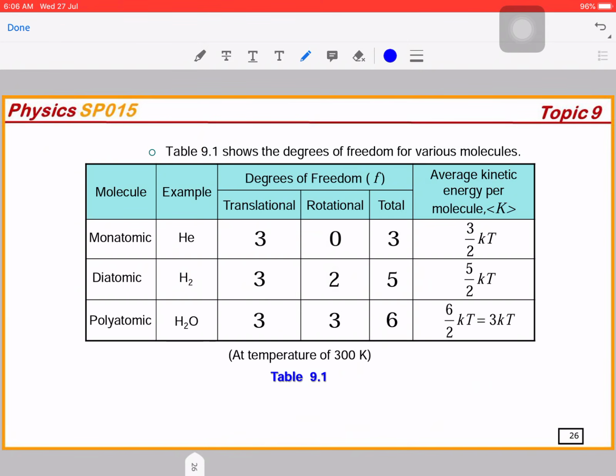So your formula will become 5/2 kT. And lastly, polyatomic, example H2O: translational 3, rotational 3, so total is 6. So your formula for average kinetic energy per molecule is 6/2 kT, or 3kT.